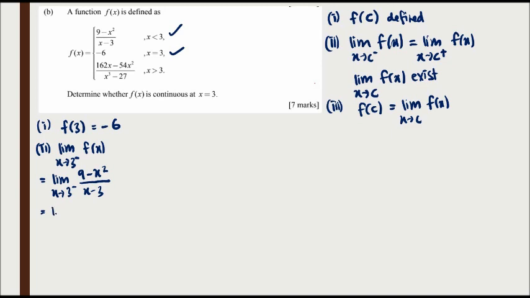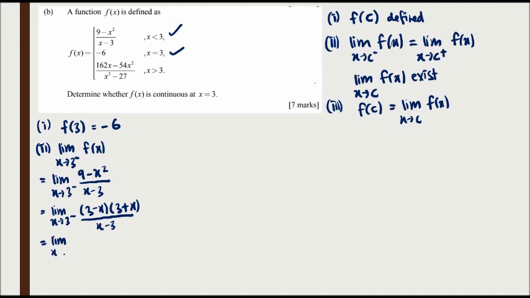Okay, so we can actually factor this out. We will have 3 minus x, and then 3 plus x, divided by x minus 3. To simplify this further, we can factor out the negative sign.